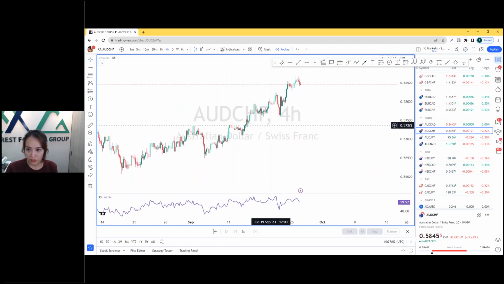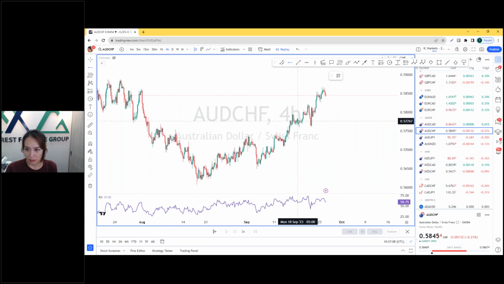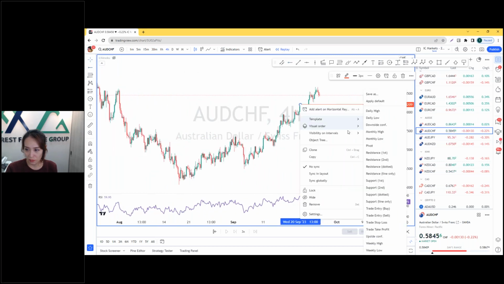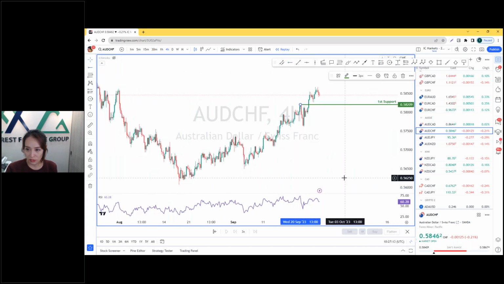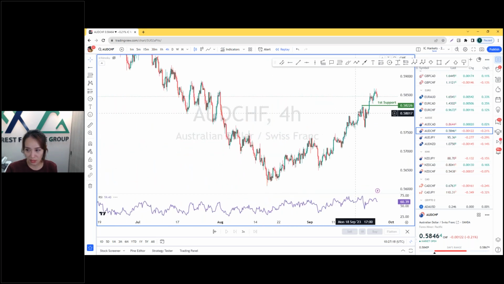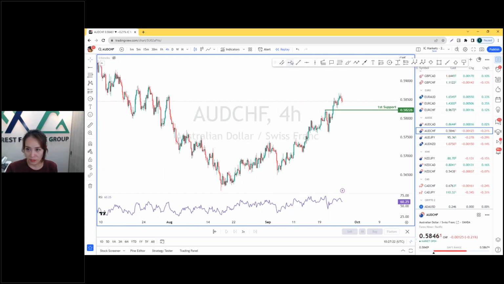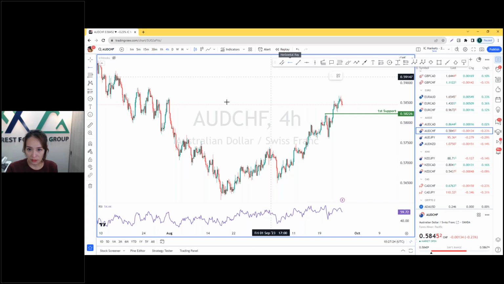On your left, this is your support level. Why did I choose here? This used to be resistance; it broke above, so it becomes support. This is in H4. And this is your resistance level here.